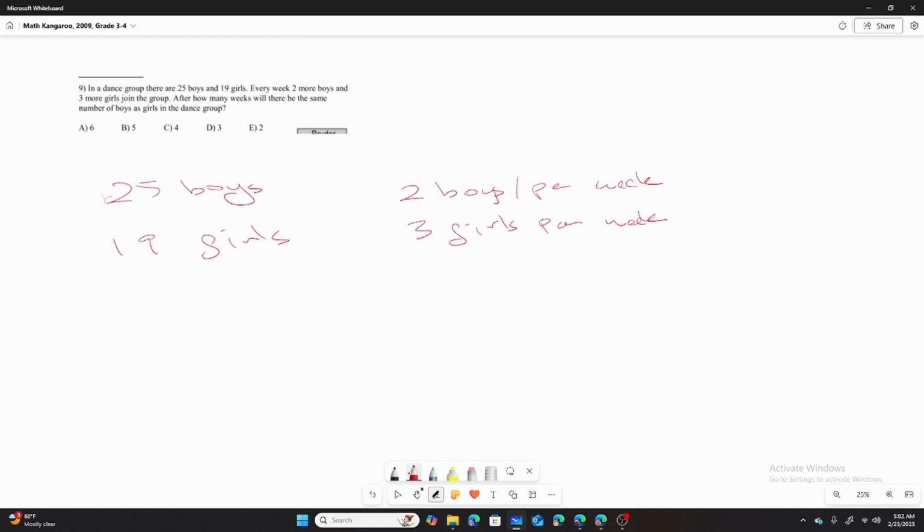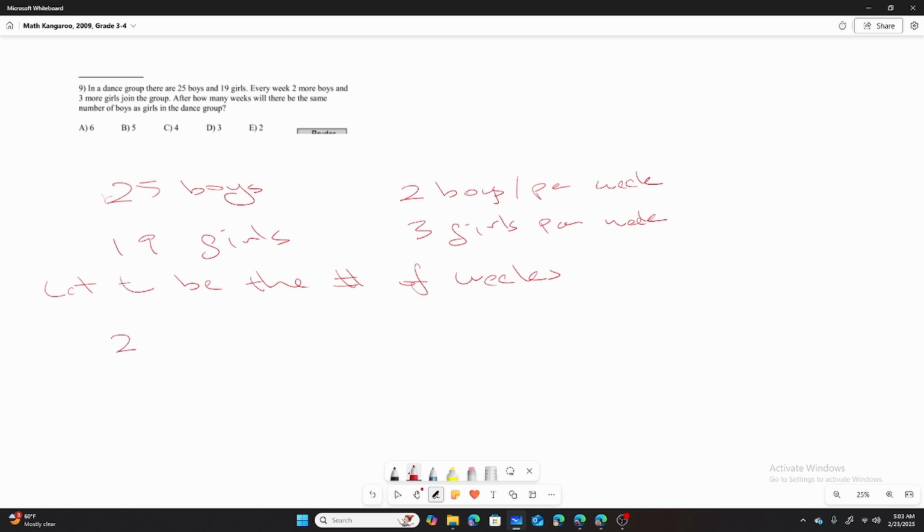So how do we model this? It's a good idea to come up with a variable that stands for the number of weeks. So let t be the number of weeks. What is the number of boys at t weeks?